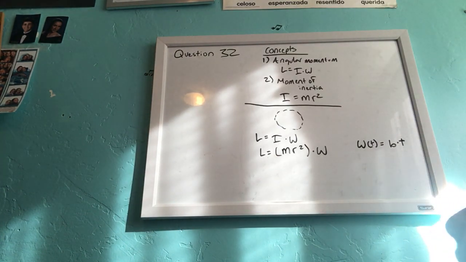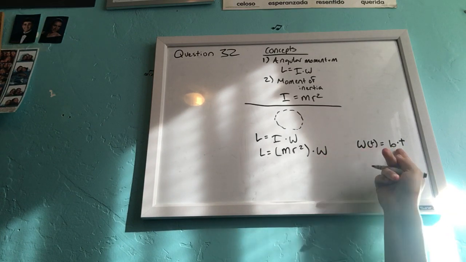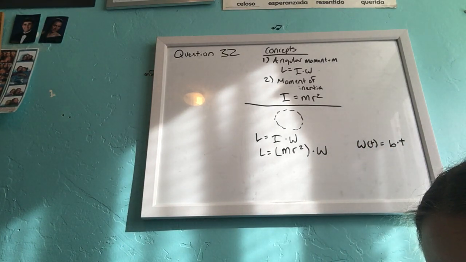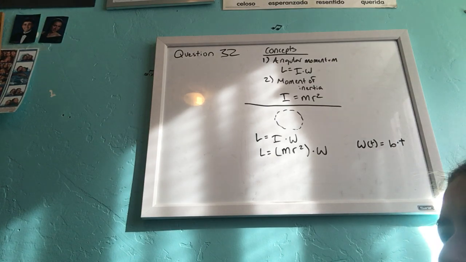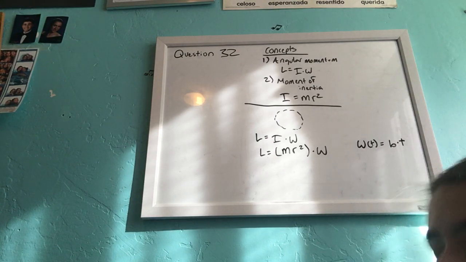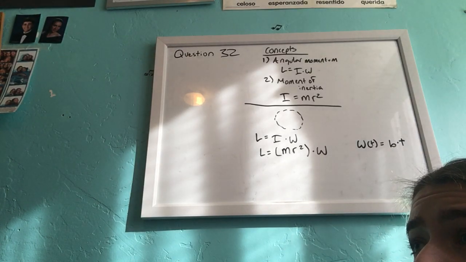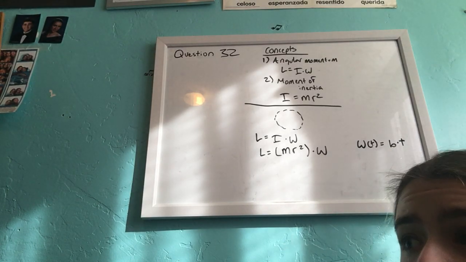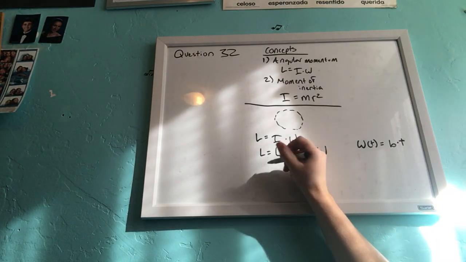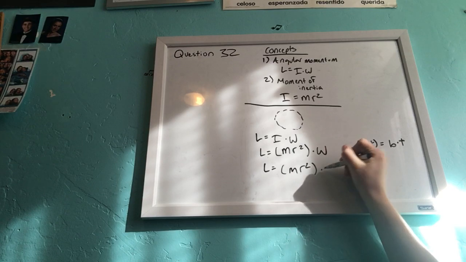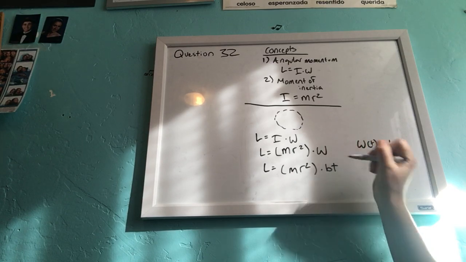So I can plug this in here, and the answer choices show b and t, which gives me an indication that I'm able to plug these in. So then L is equal to mr squared times bt.